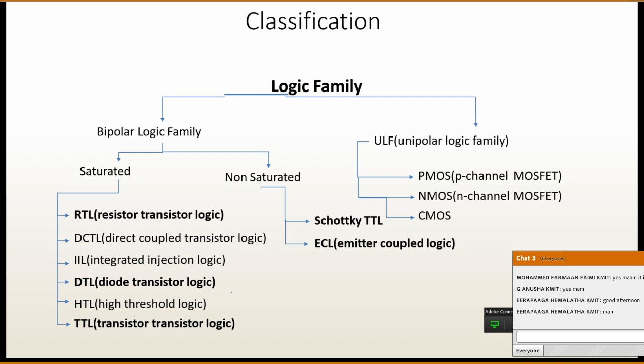Saturated means the transistors are operated in saturation mode. We all know that a transistor has three regions in the output characteristics: cutoff, active, and saturation. If the transistor is operated under saturation, it is called an on switch. If it is operated in cutoff mode, it is in off state, an off switch. If it is operated in the active region, it operates as an amplifier.